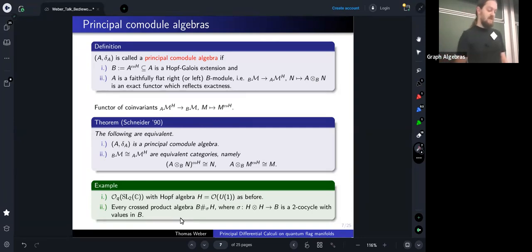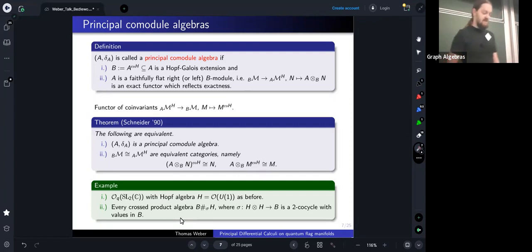Schneider says A is a principal comodule algebra if and only if you have a categorical equivalence here of the left B modules and the Hopf modules. So this means that if I apply the two functors, I will get something that is isomorphic to the module that I started with, and similarly the other way around. We are going to use this later.